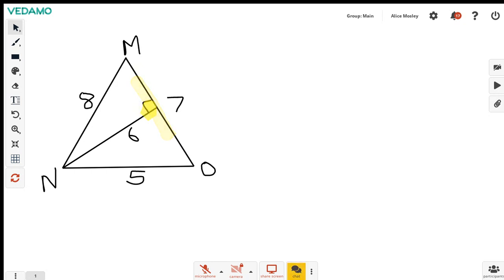So here, as you all found, the height is equal to 6 and the base is equal to 7. Now can you all find me the area? As you all know, the formula for the area is base multiplied by height, divided by 2. Now can you all find me the area?